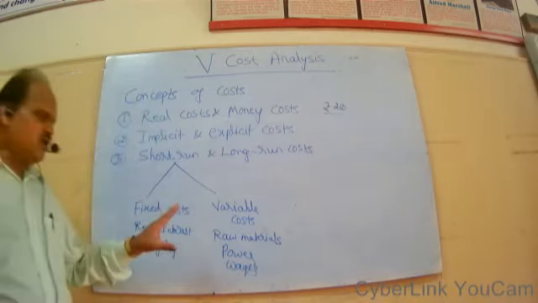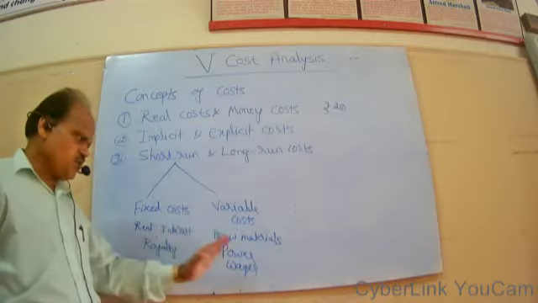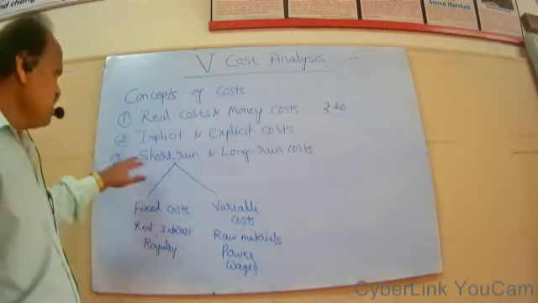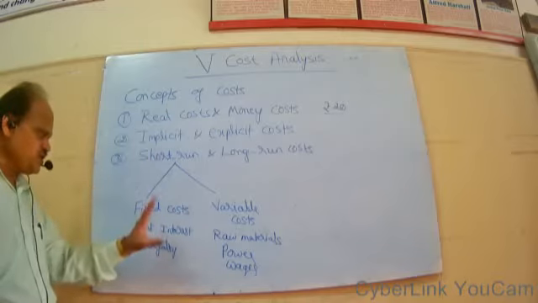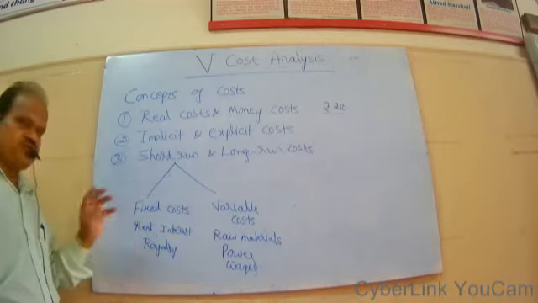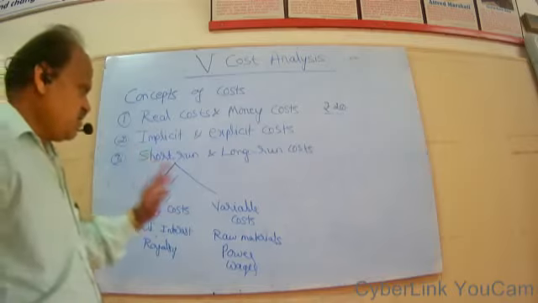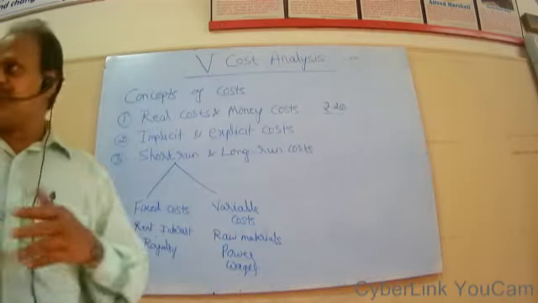So these are the examples for variable costs: cost of raw materials, cost of power, cost of wages, etc. So in this way, in the short run, all costs can be classified into fixed costs and variable costs. Fixed costs are the costs which do not vary as the scale of production changes, but variable costs are the costs which do vary as the scale of production changes.